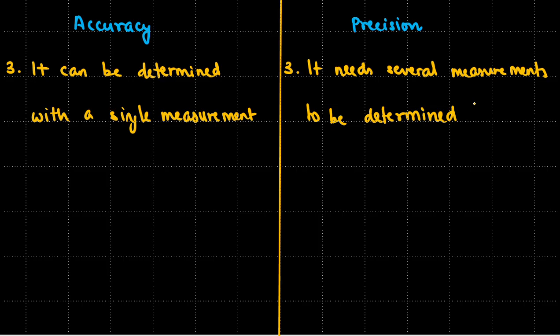And for precision, suppose I got 1.3, then I got 1.33, then I got 1.29, then that would be very precise, since the measurements are related. Even though it's not near 1.5, the several measurements are actually close. That's why it will be a precise result but not accurate.